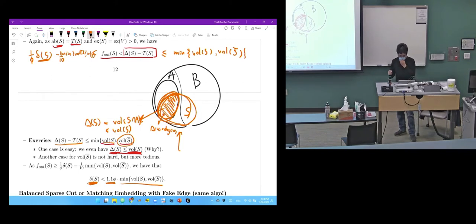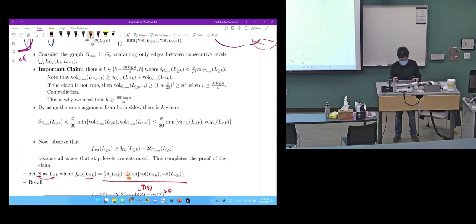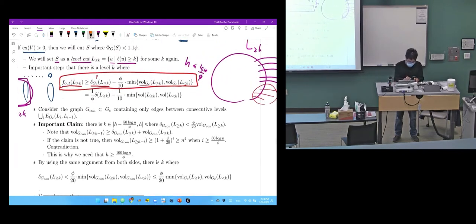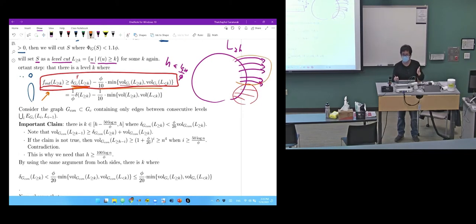So what we really just need to show is that, similar to the max flow case where we said that there is some prefix, some level cut where the flow is saturated out of it, you just prove something similar, saying that most of the edges going out of it are saturated by flow, except something small.